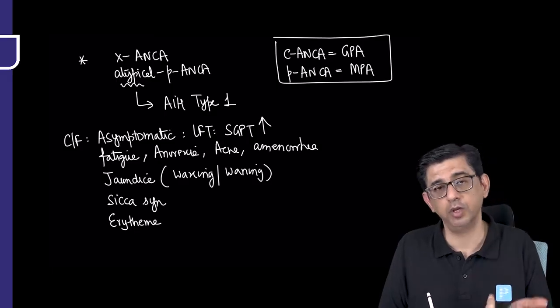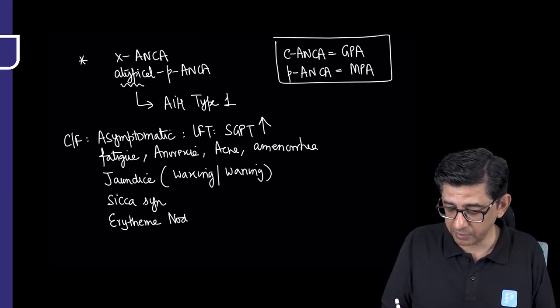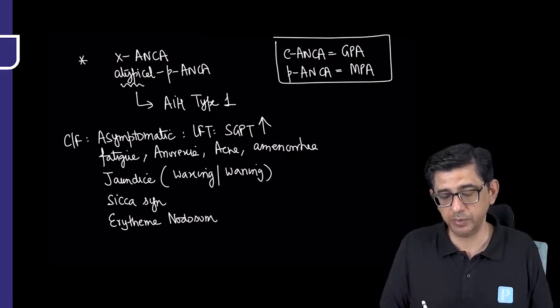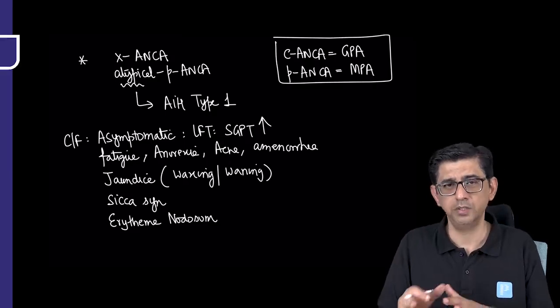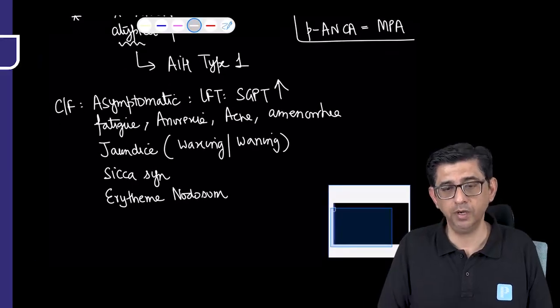Like in a female, if she's taking OCP, it can cause a jaundice. But then these additional manifestations that I'm saying, like Sicca syndrome manifestation, erythema nodosum, that would be purplish lesions on the skin of a person, would bring to your attention that okay, there could be an autoimmune etiology associated along with development of jaundice.